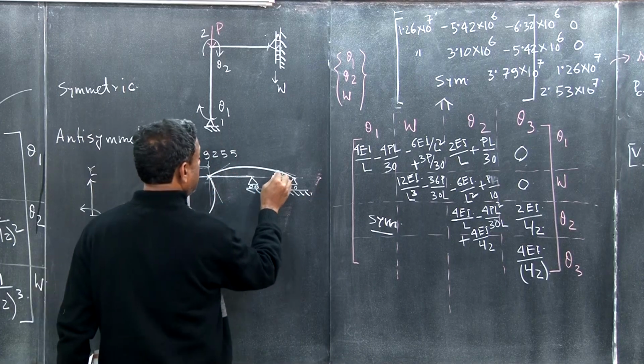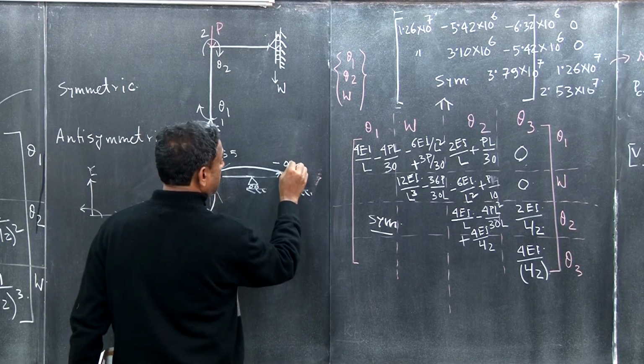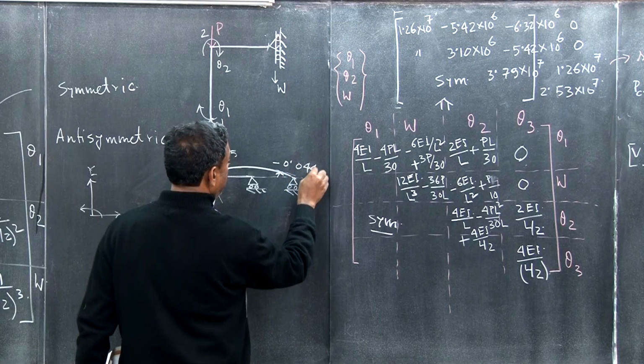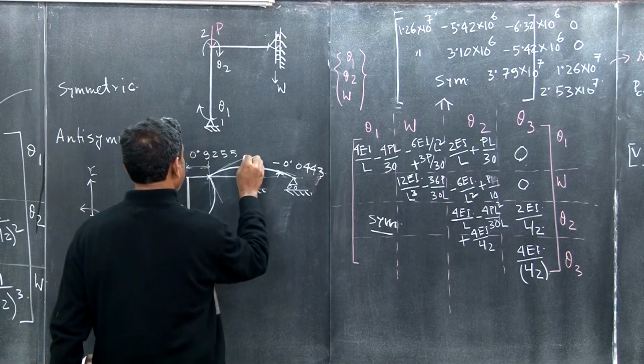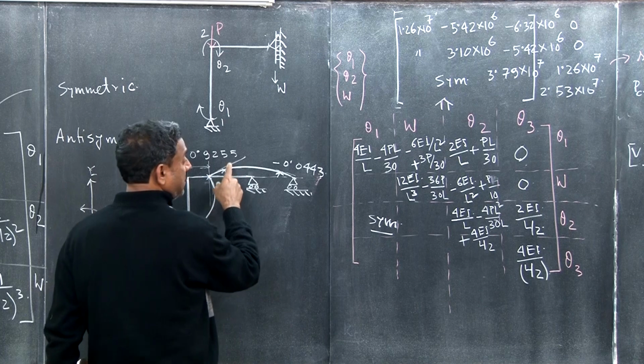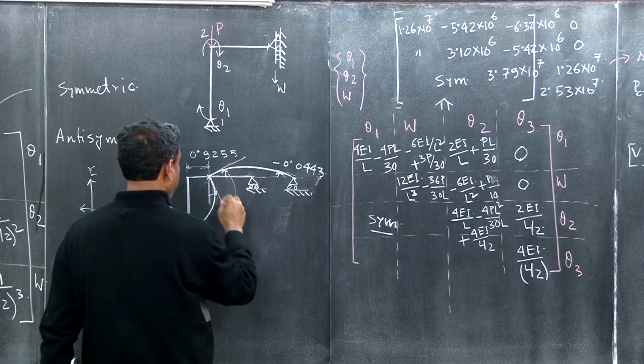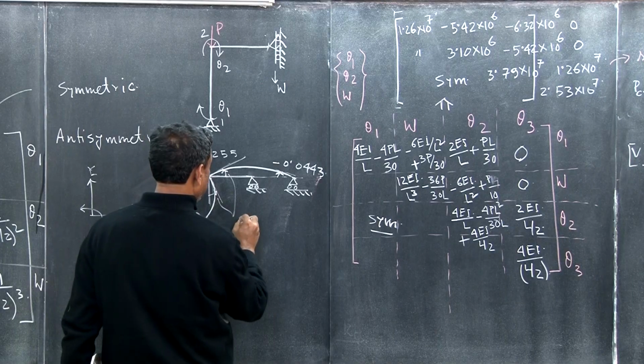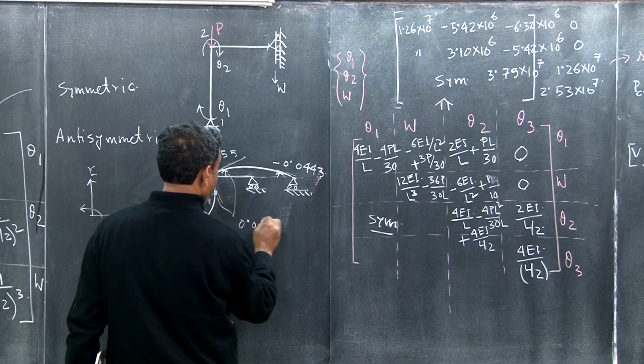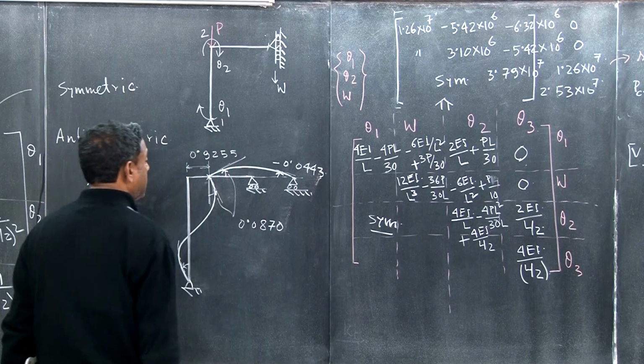This one is going to be minus 0.0443, and here it is. This rotation, these two rotations are the same, and this is 0.0870 theta 2. Okay.